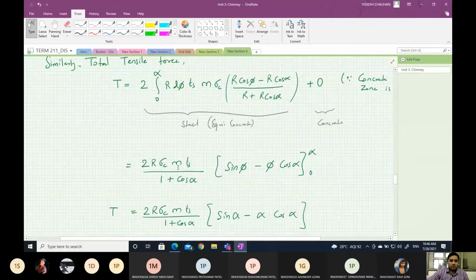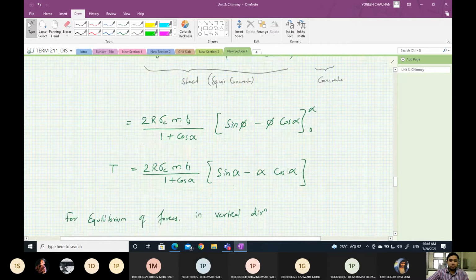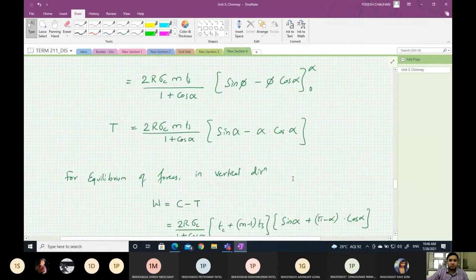So 2r sigma c m ts upon 1 plus cos alpha times the integral, which will be sin phi minus phi cos alpha. Again cos alpha is constant, so the integration of d phi will be phi. Putting the upper and lower limits, you will get the final tensile force equal to 2r sigma c m ts upon 1 plus cos alpha, whole multiplied by sin alpha minus alpha cos alpha.